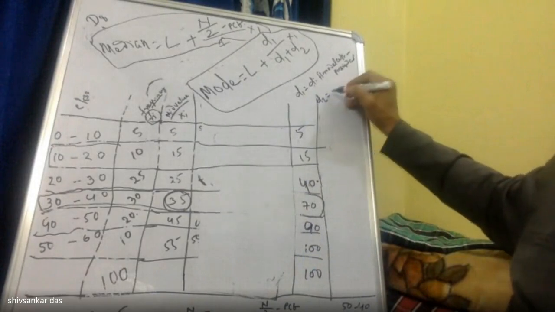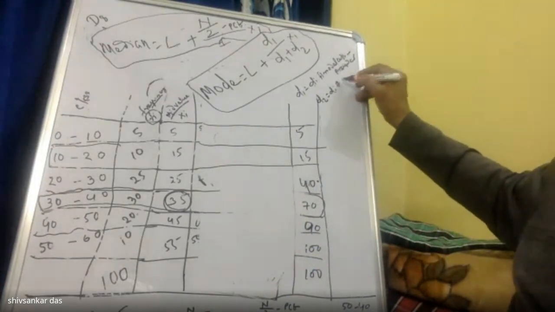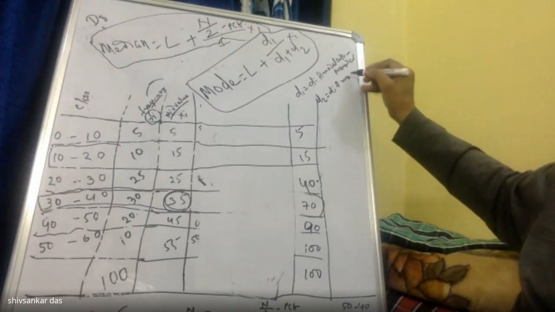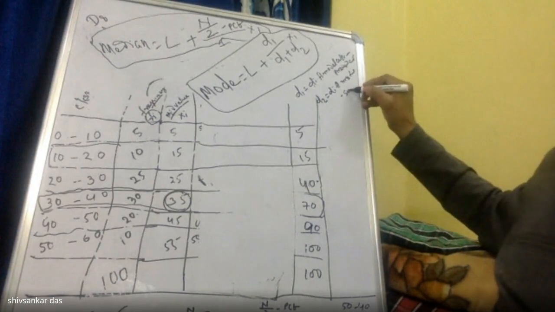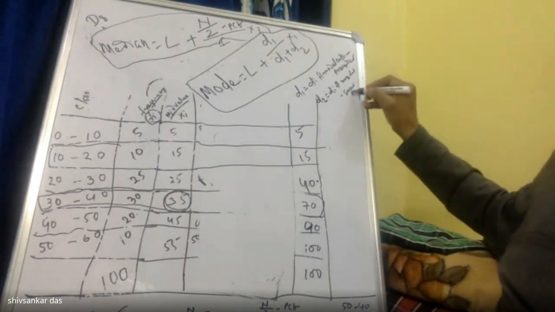D2 is the difference between the modal class frequency and the succeeding class frequency.